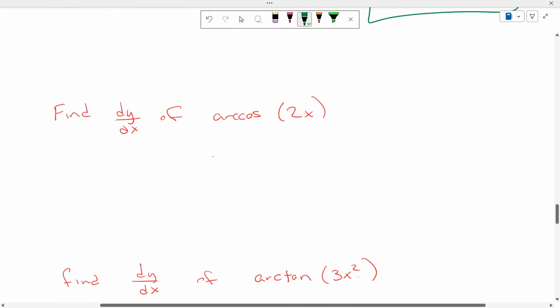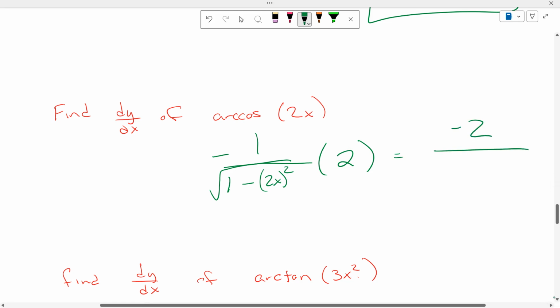So our arccosine is negative 1 over the square root of 1 minus 2x squared times the first derivative of the inside, which is 2. So the final answer would be negative 2 over the square root of 1 minus 4x squared.